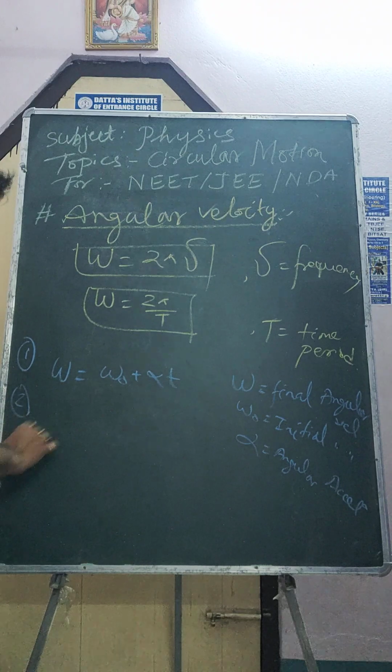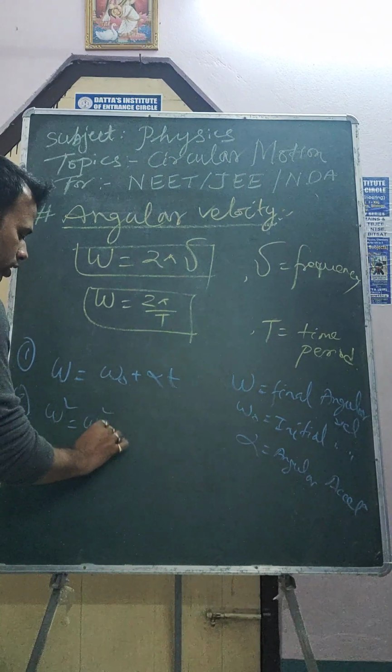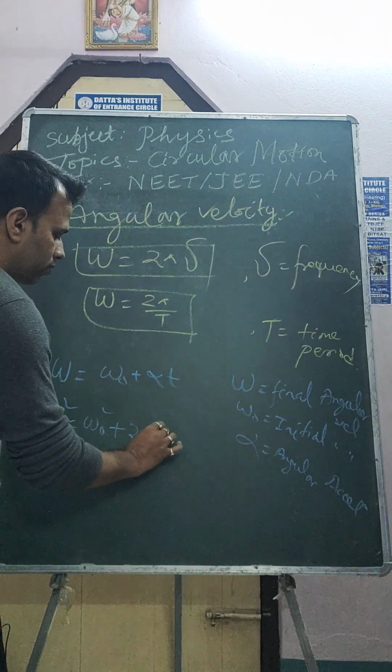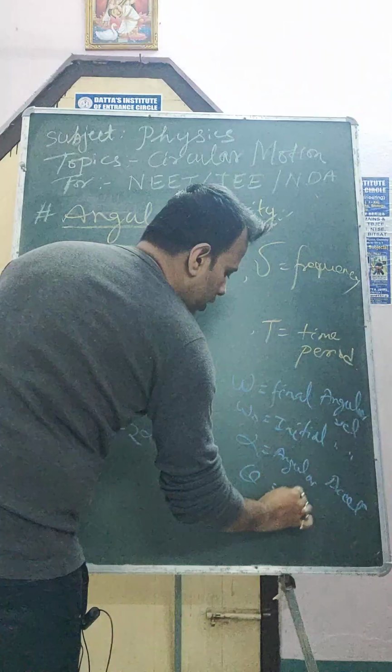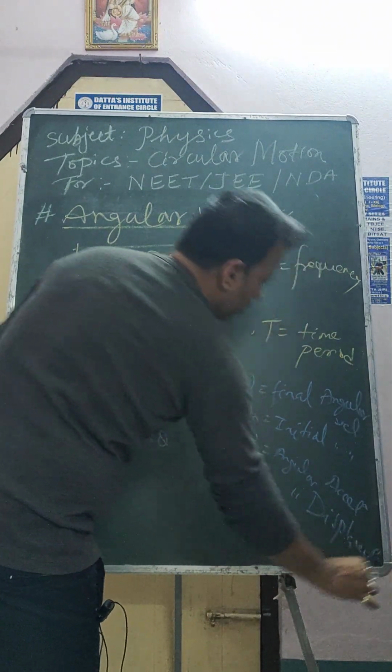The second formula is omega square equal to omega 0 square plus 2 alpha theta, where theta is angular displacement.